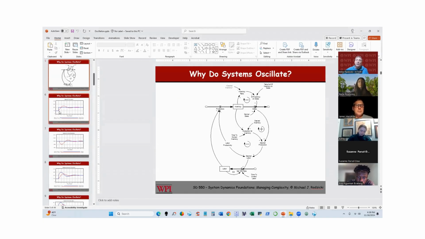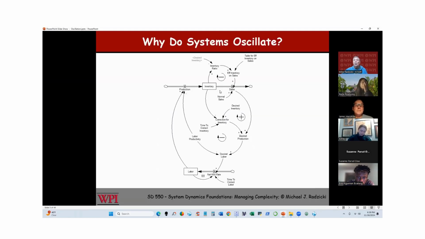So we have a second order system here, with a major negative loop and a minor negative loop. Here's the target, a desired amount of inventory, and you correct for inventory and for what you're losing. That's what you want this flow to be: you want this flow in to correct and match what's going out.